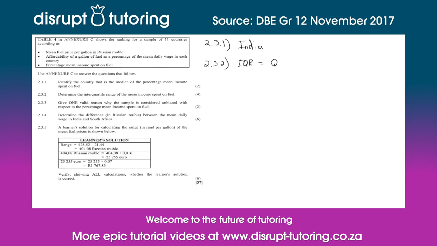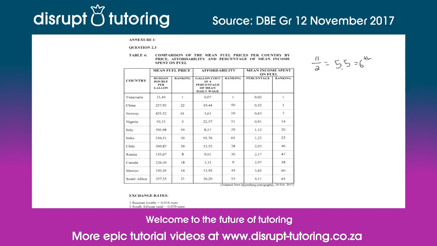So the data point that lies 3 quarters of the way through your data, so your Q3 minus your Q1, which is the data point that lies on the exact quarter mark of your data. So going back to this table, we can see that for your mean income spent, we need to find out what Q1 and Q3 are.